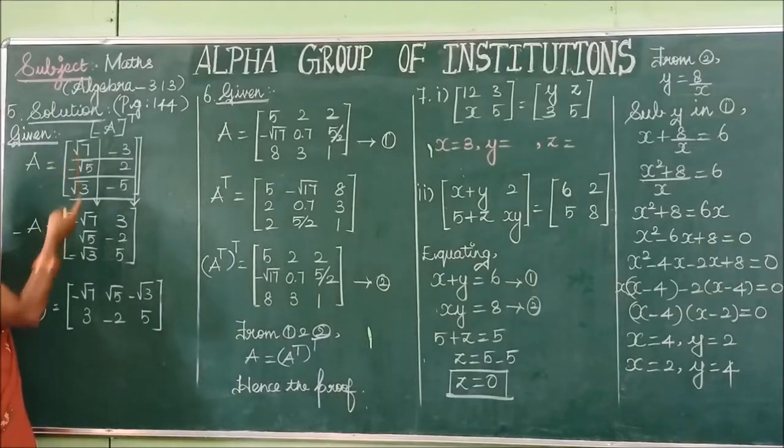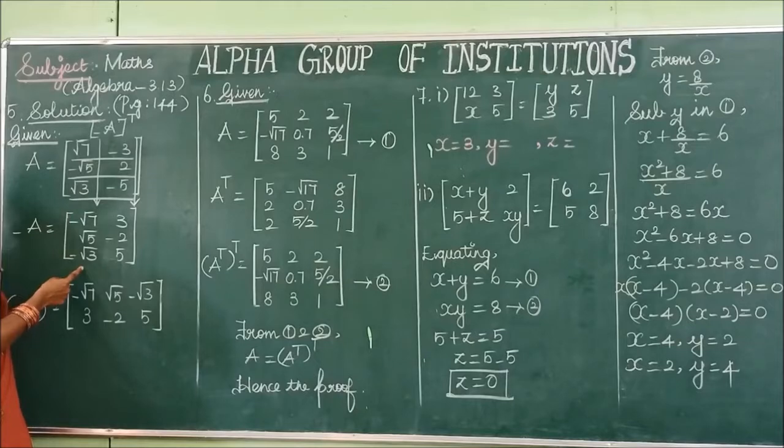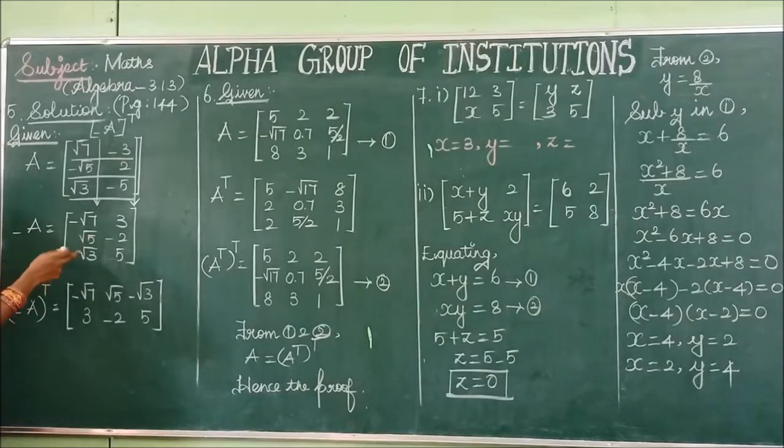The negative of the matrix is nothing but finding the additive inverse of every element. So root 7, its additive inverse is minus root 7. For minus 5 it is plus 5, root 3 becomes minus root 3, minus 3 becomes plus 3, 2 becomes minus 2, minus 5 becomes plus 5. This is the negative of A. Then now you find minus A transpose. So in this minus A, rows and columns will get interchanged.